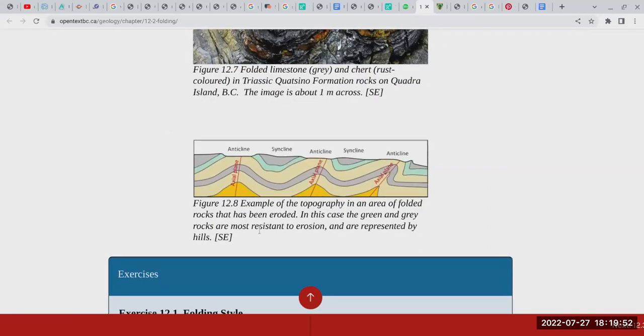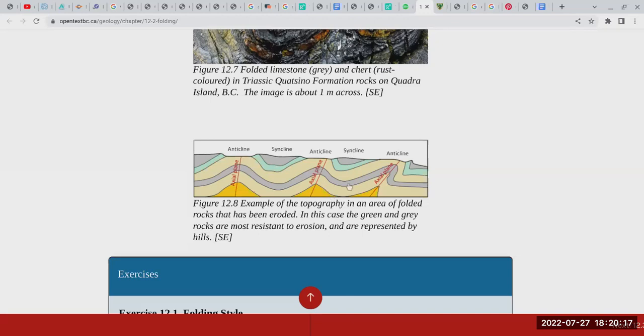All right. So when you look at the topography, this is the topography of it. In an area of folded rocks that have been eroded, this is what you're going to be seeing. This is going to be my anticline. That is my syncline. My anticline, because you're going to look at the axial plane, right?